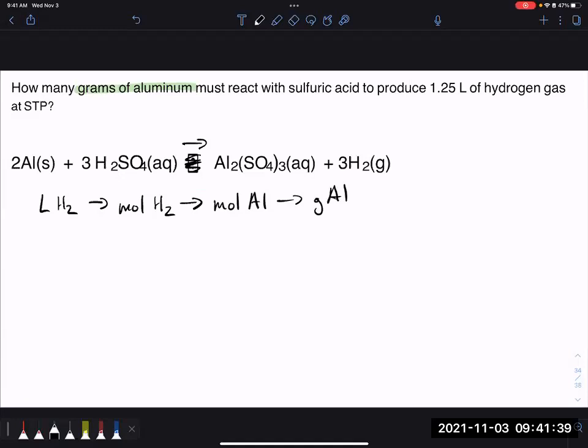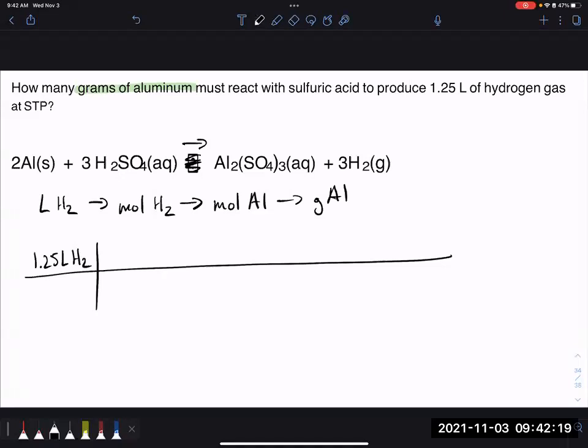Okay, so you just start writing these out. I'm going to use this method again. I'll do a line. So 1.25 liters H2. How are we going to convert 1.25 liters of H2 into moles? We are sort of using the gramwich idea, but we're starting with liters here instead. The key part is that we need to get to moles.